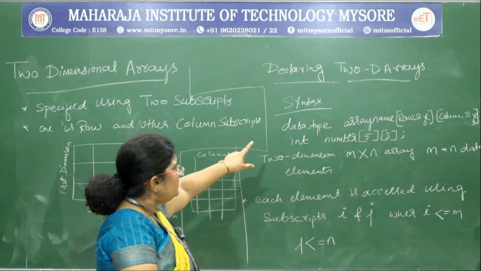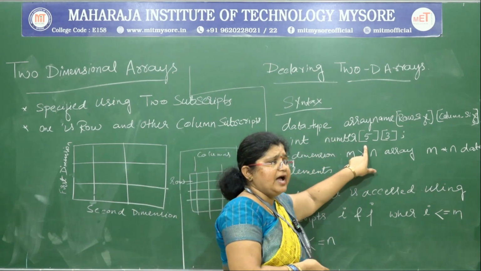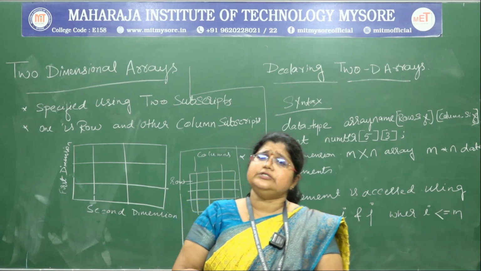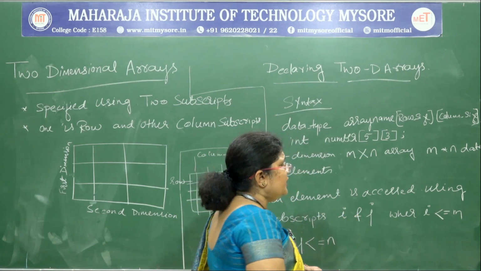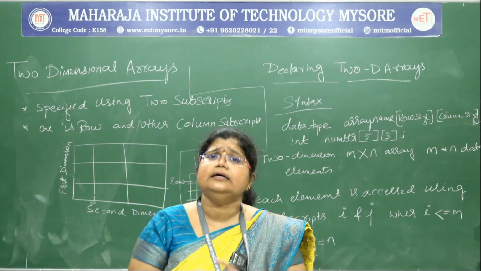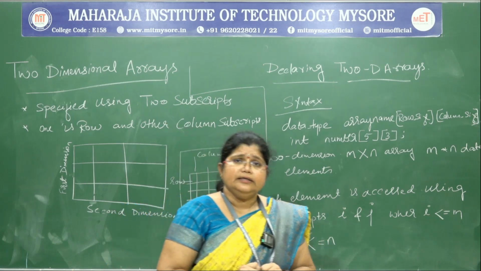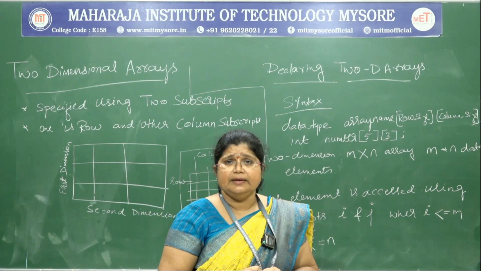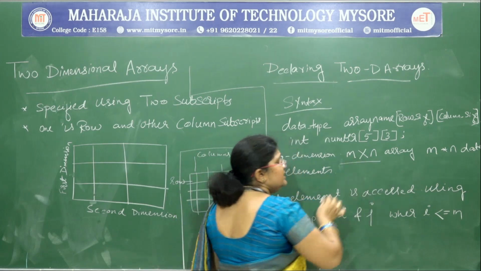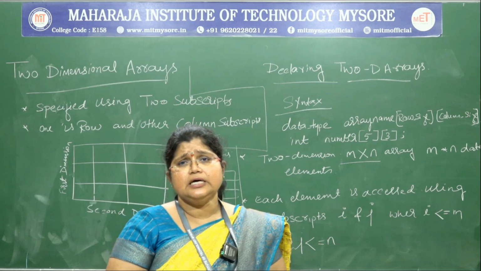When you declare the two dimensional array with 5 rows and 3 columns, let us look at how many data elements are present inside that table. The number of data elements in the table will always be m cross n, where m represents the rows and n represents the columns.